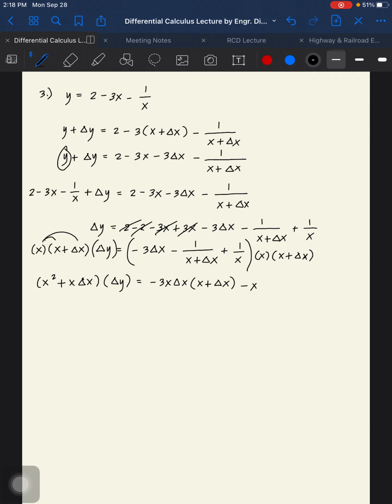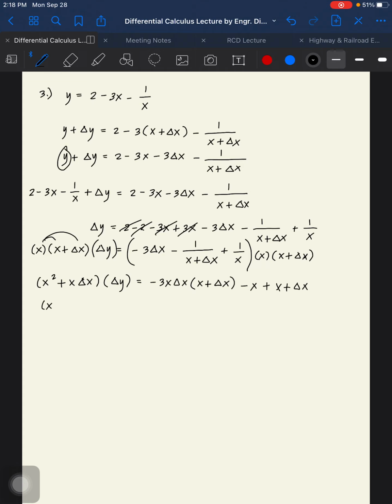This becomes negative x plus, multiply this for the third term. The denominator and the numerator are similar, so we can cancel them out, and what's left is x plus delta x. So x plus delta x multiplied with 1 is the same.